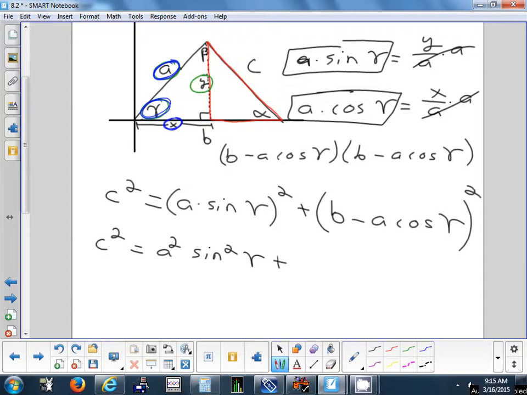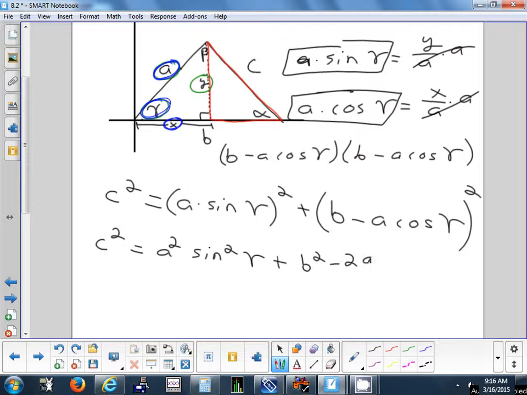Okay, so when I start to foil it, Brian, what's B times B? B squared. Okay, Marina, what's B times negative A cosine gamma? And then another B times negative A cosine gamma. Negative 2. Would it be B, A?